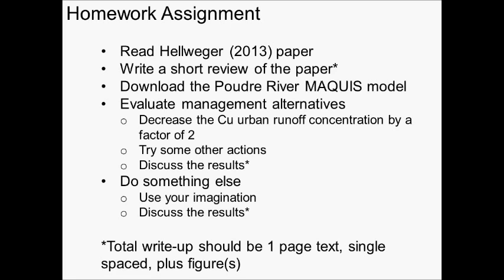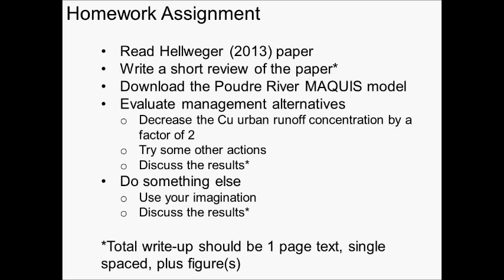Then your task is to download the Poudre River model and evaluate a management alternative. For example, or as a first step, you may decrease the copper concentration in the urban runoff by a factor of 2. Similar to how we've decreased the wastewater treatment plant effluent by 30%.